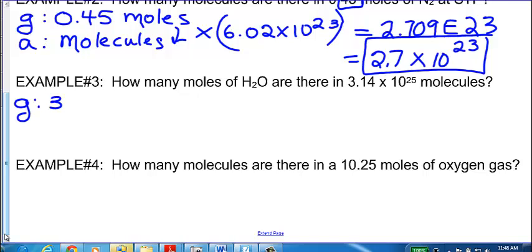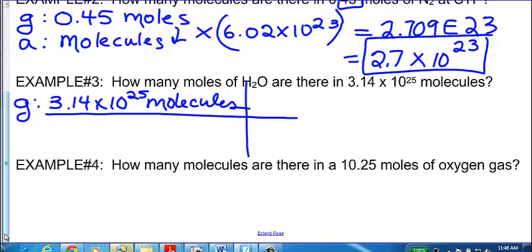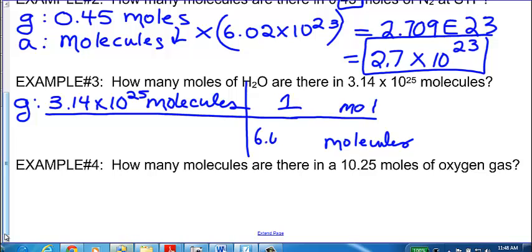I'm given 3.14 times 10 to the 25th molecules. The unit I want to get rid of goes on bottom, which is molecules. And the unit I want to convert to goes on top, which is moles. 1 mole is 6.02. That's your conversion factor.